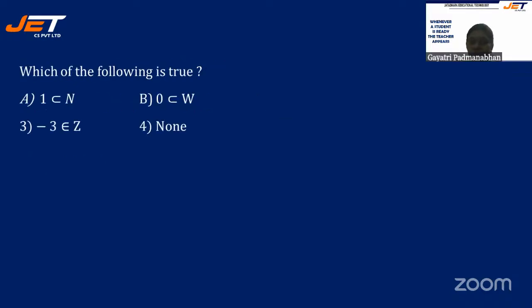See the next question. Which of the following is true? 1 is a subset of N, 0 is a subset of W, -3 is an element of Z, or is it none? Yes, I'm getting mixed answers here. Many of you are giving me the answers.